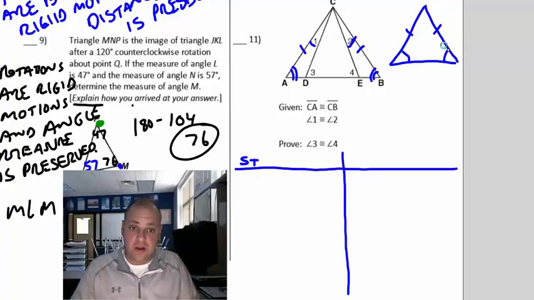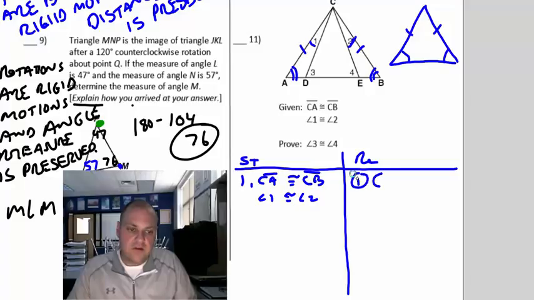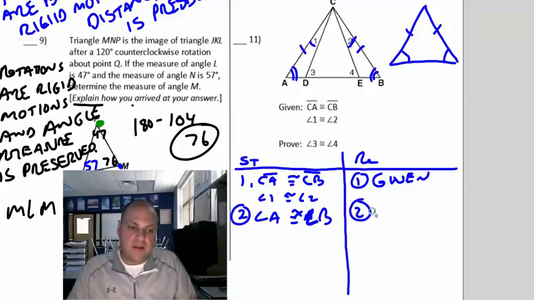That's the isosceles triangle theorem. So 1, CA is congruent to CB. Angle 1 is congruent to angle 2, and that's given. And then number 2, we're going to say angle A is congruent to angle B. Can't write today. And that's the isosceles triangle theorem.